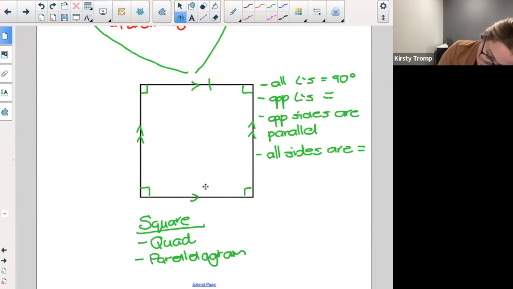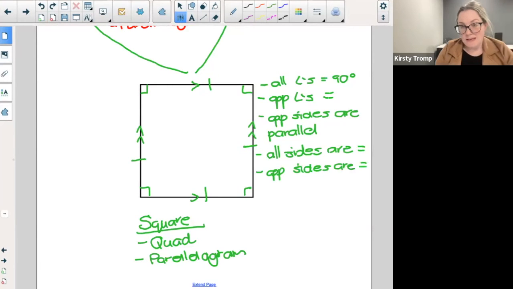So this side equals this side equals this side equals this side, which also means that the opposite sides are equal. So not only are all the sides equal, but the opposite sides are also equal.